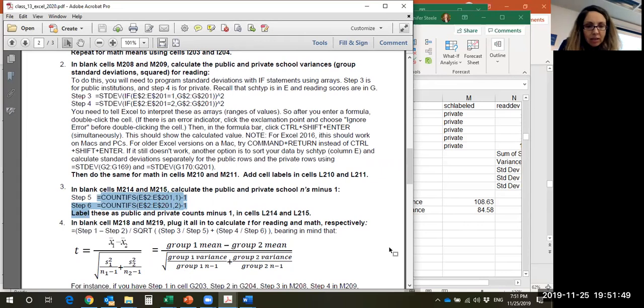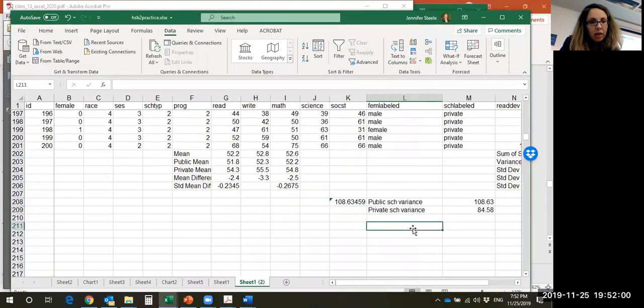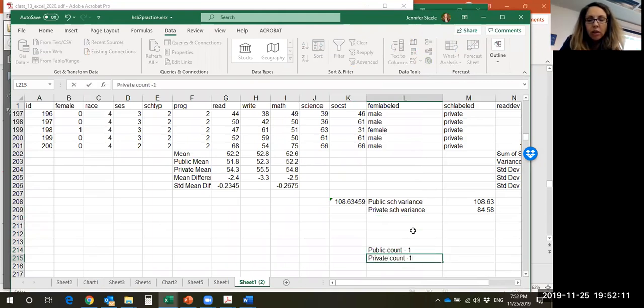So for that, I'm going to do this in cells M214 and M215, and I'm going to label them as counts minus 1. Okay, 214 and 215. Public count minus 1 and private count minus 1.